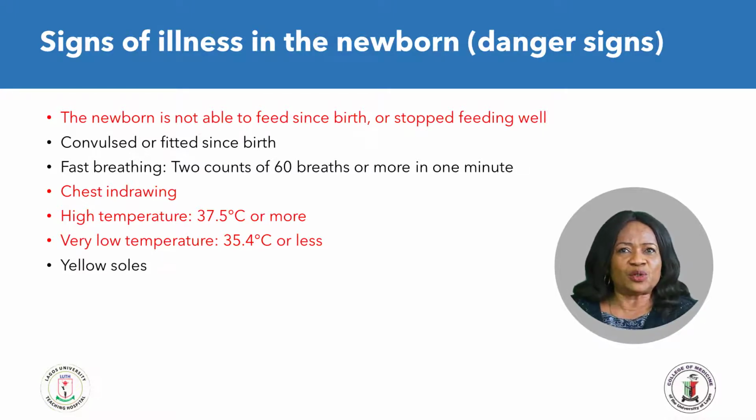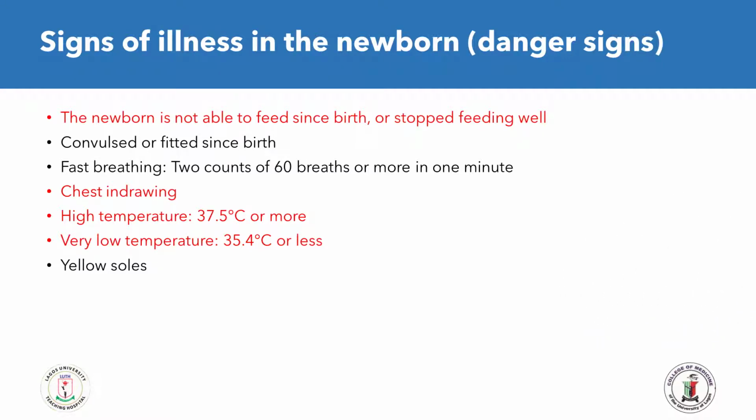Then when you examine the soles, if you see that the soles of the baby are yellowish, it should be of concern to you as well. Then movement only when stimulated, that is, except if you stimulate the child, the child is still, which should also be of concern to you.